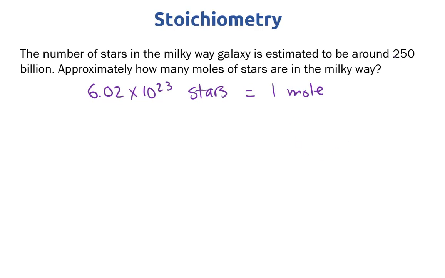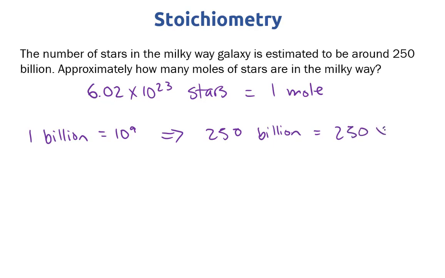So if we have 250 billion, let's just convert that to a number that doesn't have the word billion in it. 1 billion is 10 to the power of 9. So what that means is that 250 billion is going to be 250 times 10 to the power of 9.